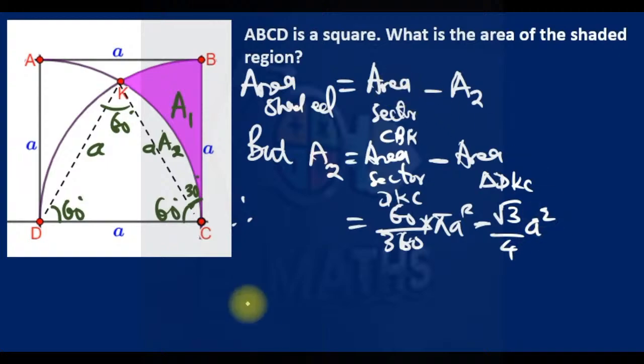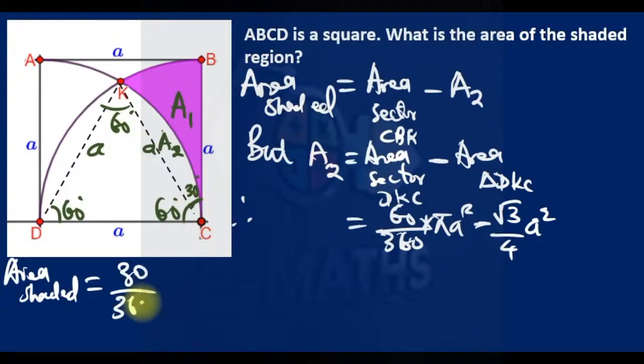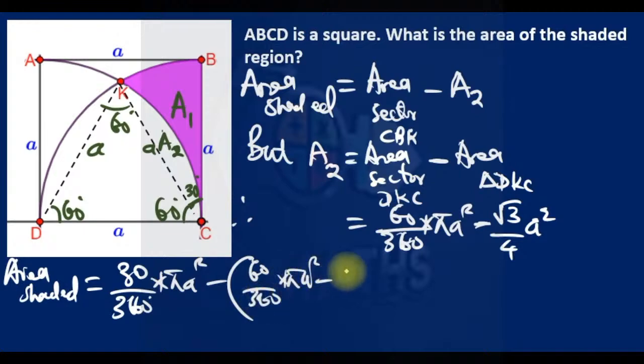So we now substitute it. Therefore the area shaded is equal to area of sector CBK. So we have 30 over 360 times pi a squared minus A2, which is 60 over 360 times pi a squared minus root 3 over 4 a squared.